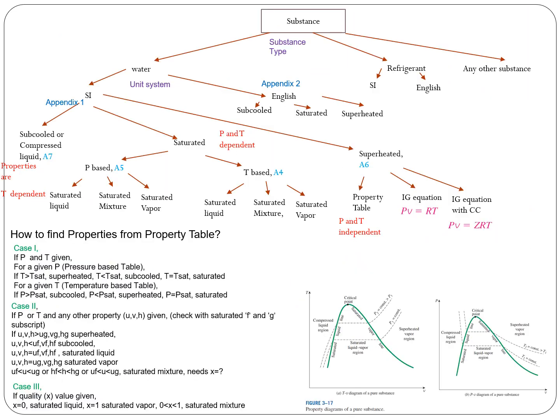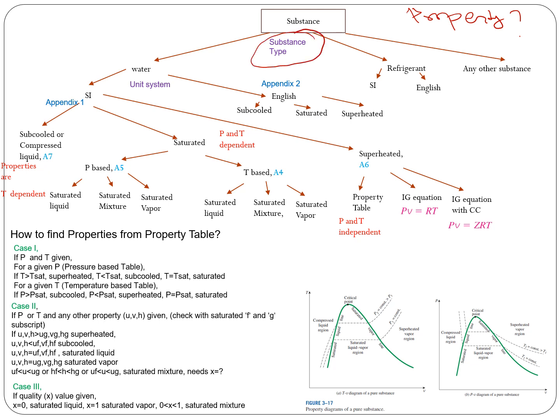Okay, so the overall concept map for this chapter is, again, our goal is to find the property of a substance, because we want to solve the thermodynamic equations. So your thought process is, whenever you read the problem, try to figure out what substance it is.